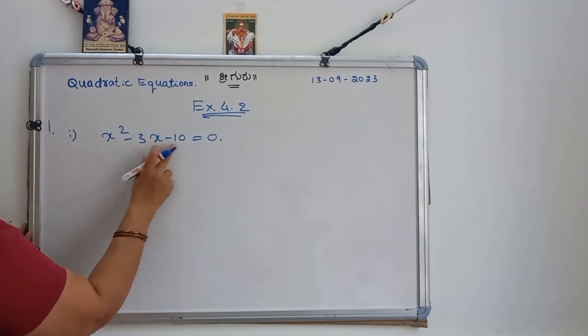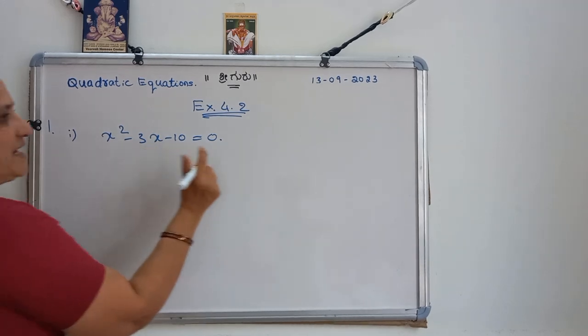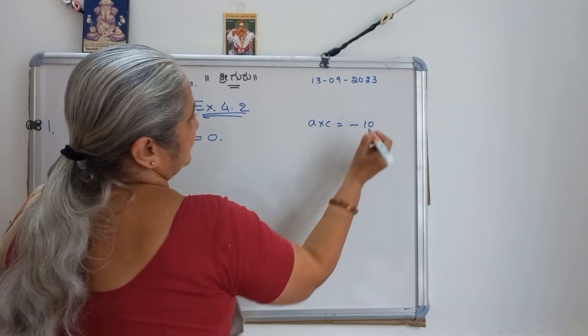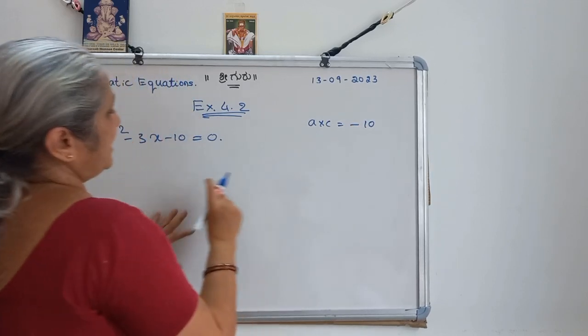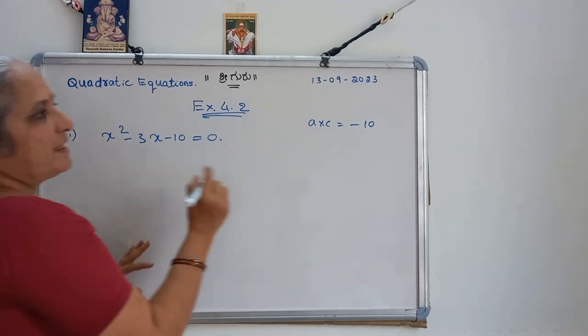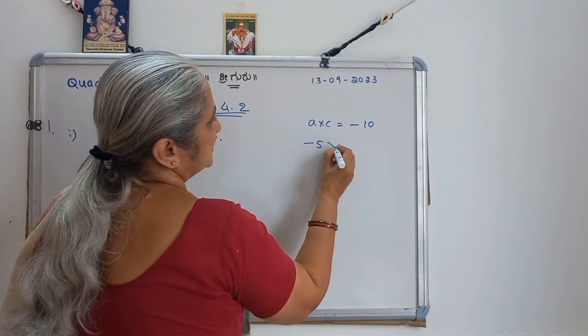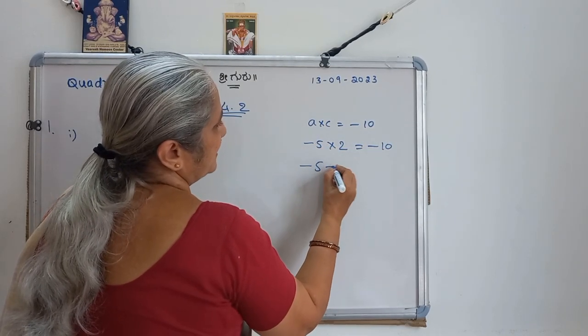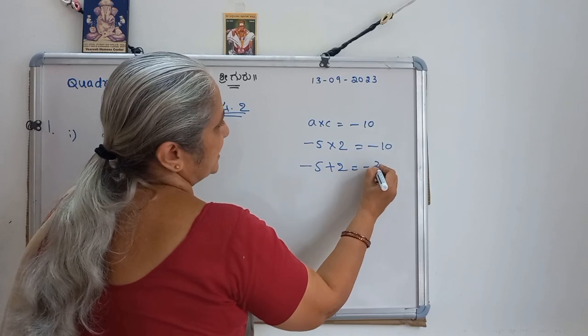Ax square plus bx plus c. A into c is minus 10. And find the factors of minus 10 in such a way that if you add them, you should get minus 3. That is minus 5 into 2 is equal to minus 10 and minus 5 plus 2 is equal to minus 3.